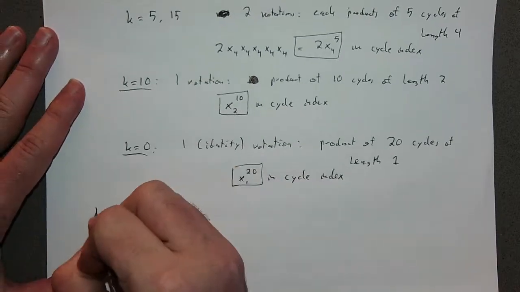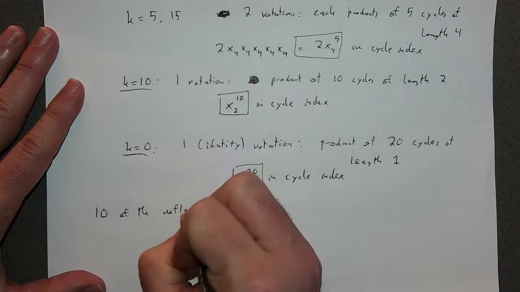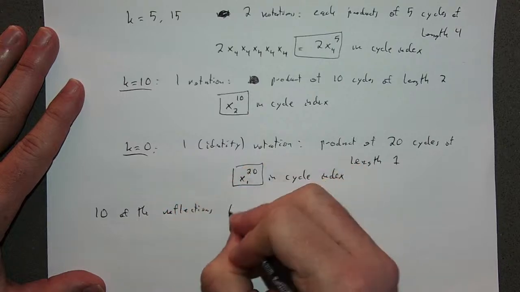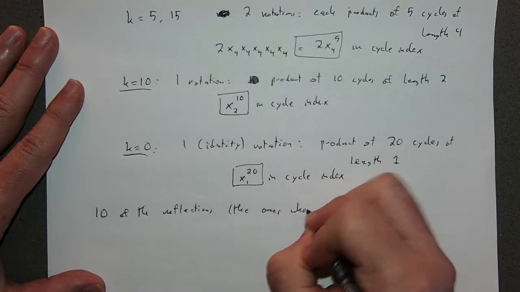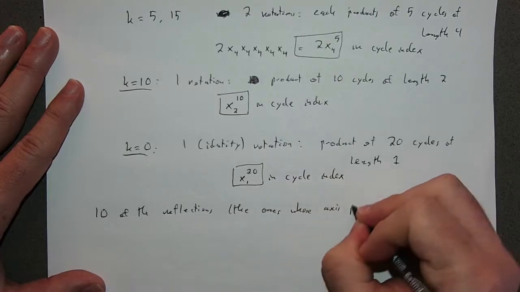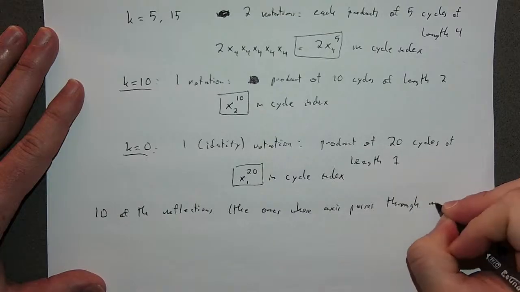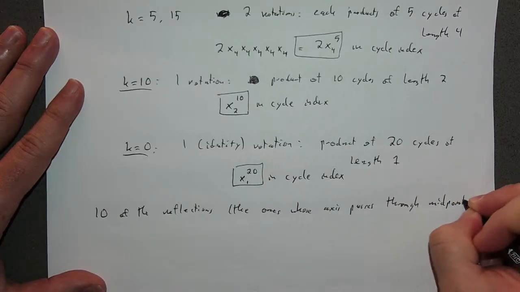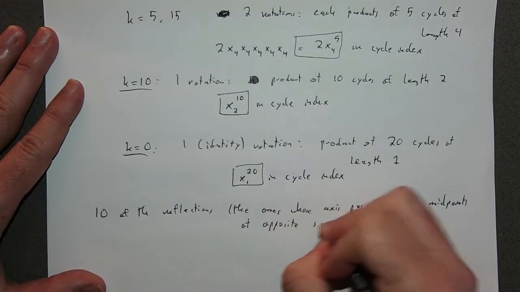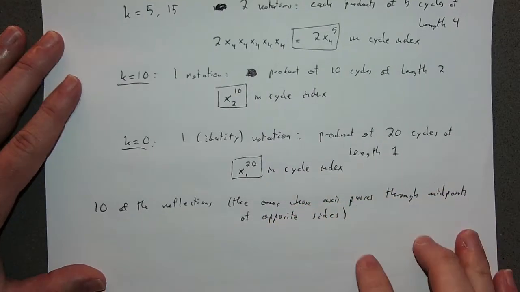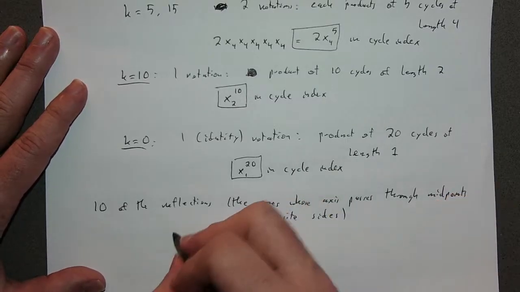So 10 of the reflections, the ones whose axis passes through midpoints of opposite sides, these are 10 transpositions.